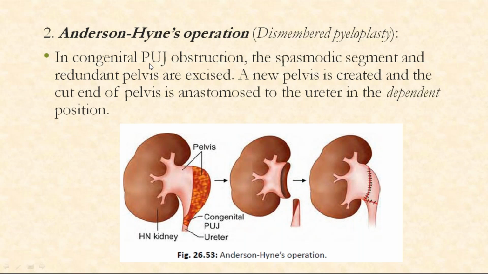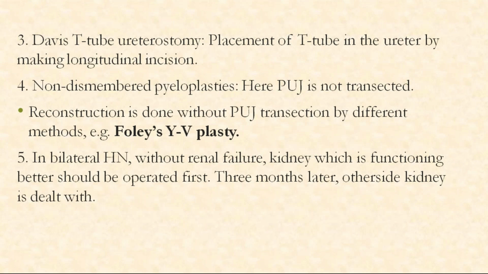Here, in pelviureteric junction obstruction, the spasmodic segment is excised, the redundant pelvis is excised, the new pelvis is created, and the cut end of the renal pelvis is anastomosed to the ureter like this. That is called the Anderson-Hynes operation. Next, Davis intubated ureterotomy and Foley's Y-V plasty. These are the various surgical procedures for hydronephrosis.